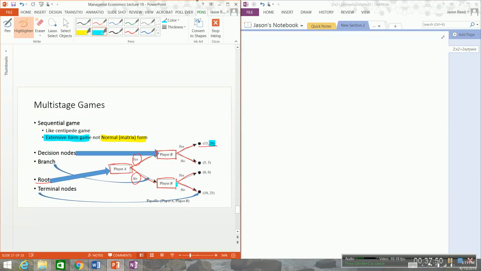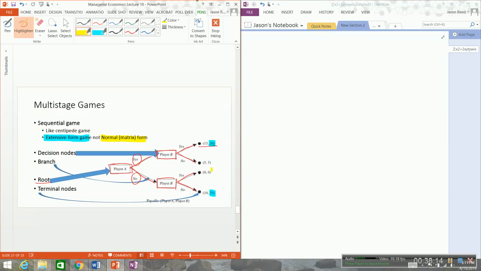And if they're at this decision node after player A had chosen no, they're going to choose 25. They're going to choose 25 because it's greater than this 0. They can't get back up to this 20 even if they wanted to, because player A chose no instead of choosing yes.